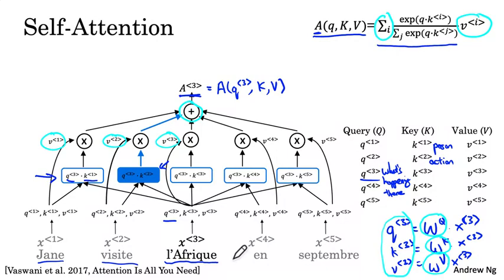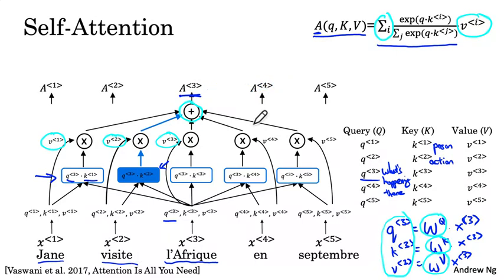Instead, it lets the self-attention mechanism realize that L'Afrique is the destination of a visit, and thus compute a richer, more useful representation for this word. Now, I've been using the third word L'Afrique as a running example, but you could use this process for all 5 words in your sequence to get similarly rich representations for Jane, Visit, L'Afrique, on, September.